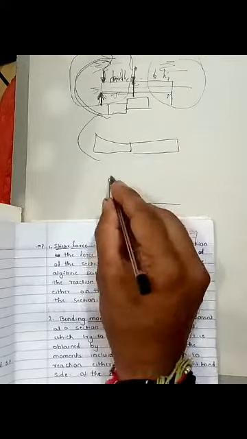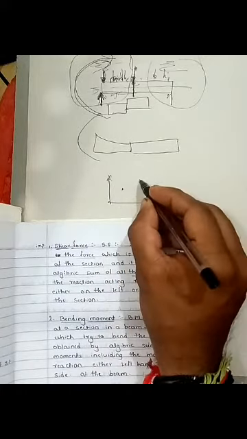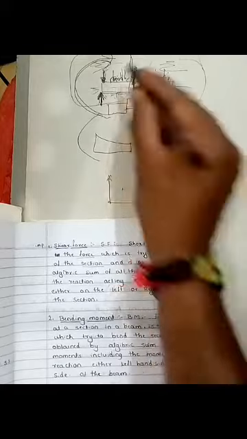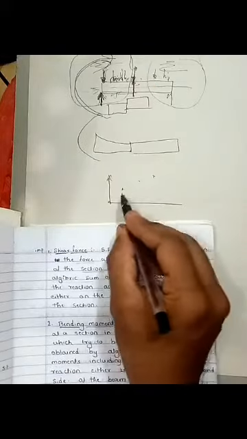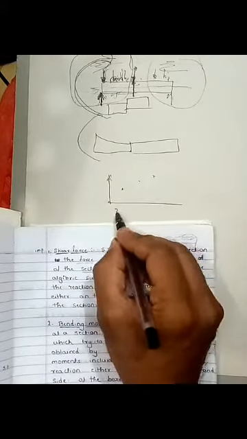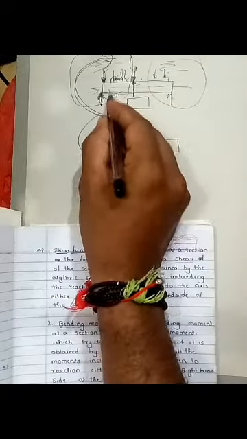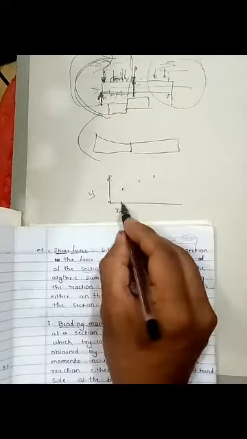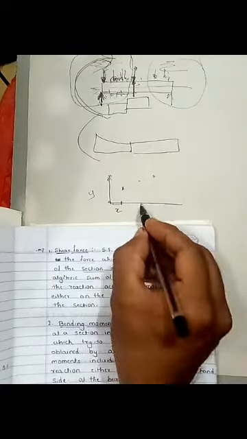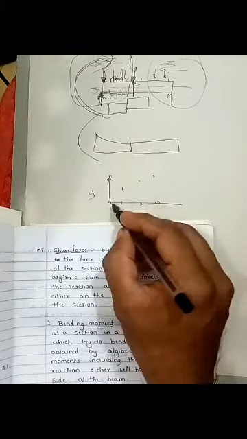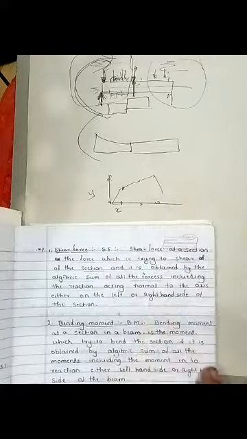See a figure in which the y-axis shows the various shear forces, shear force at this point, shear force at this point, and the x-axis, this is x, this is y, shows the position, say at 2 meter, at 4 meter or 5 meter. At 1 meter the shear force is this much, at 2 meter it is this much, at 4 meter it is this much. So this is the shear force diagram.